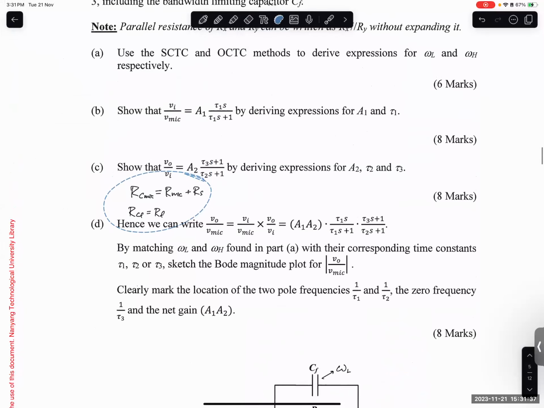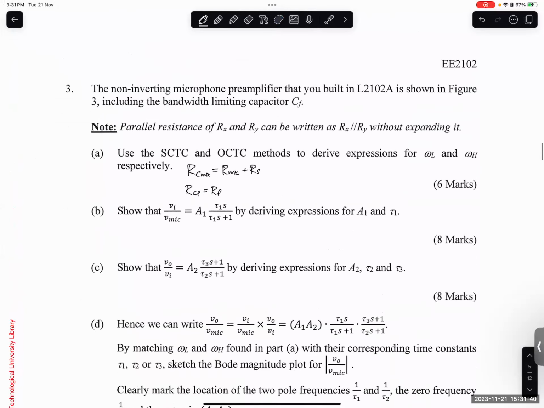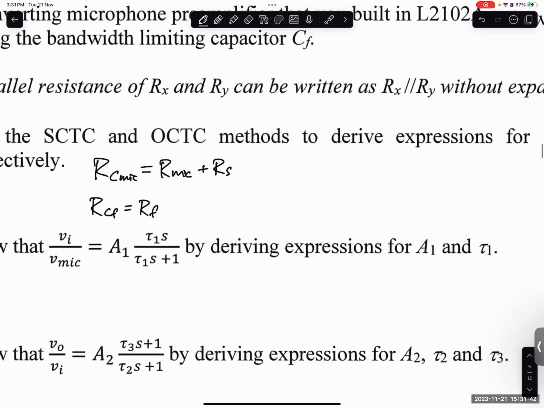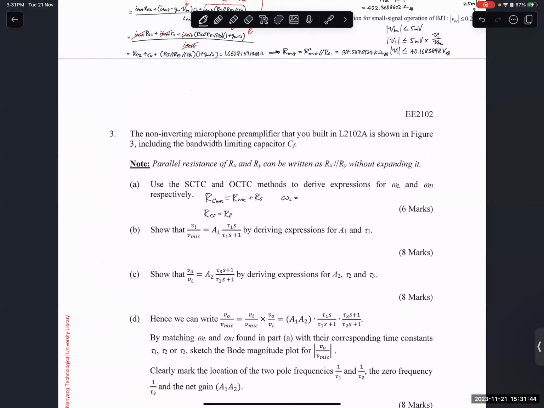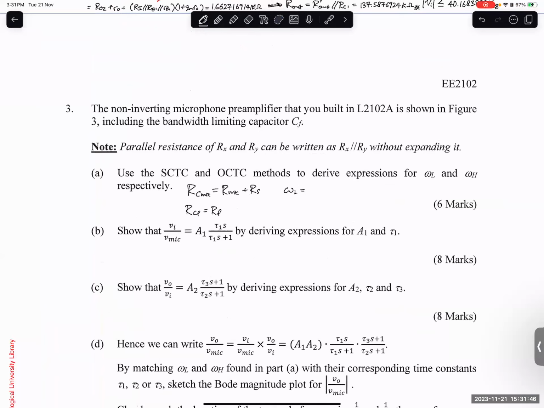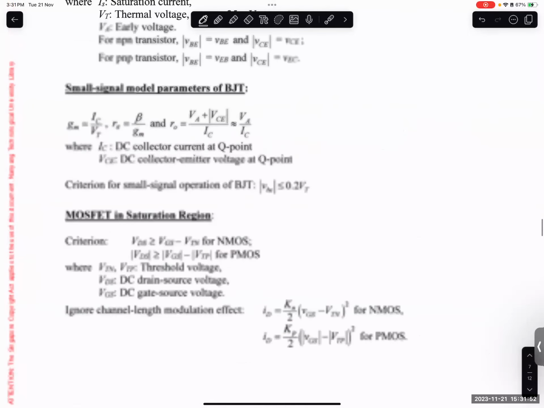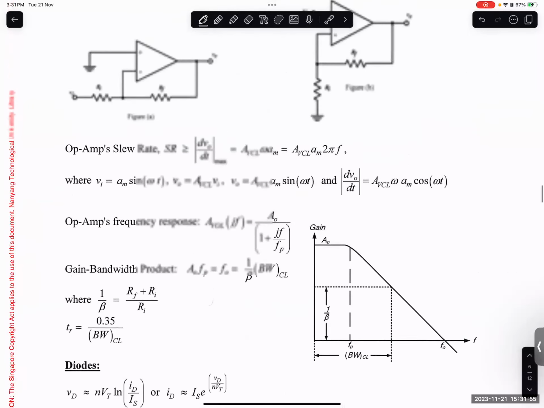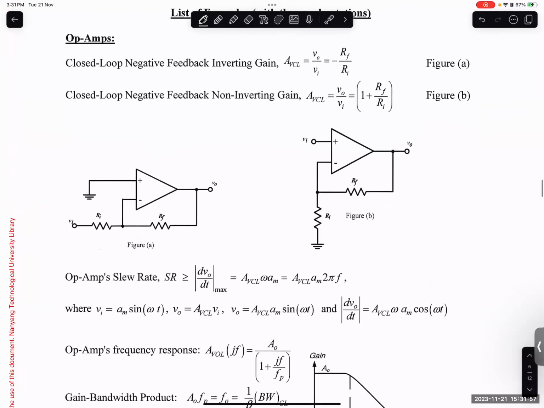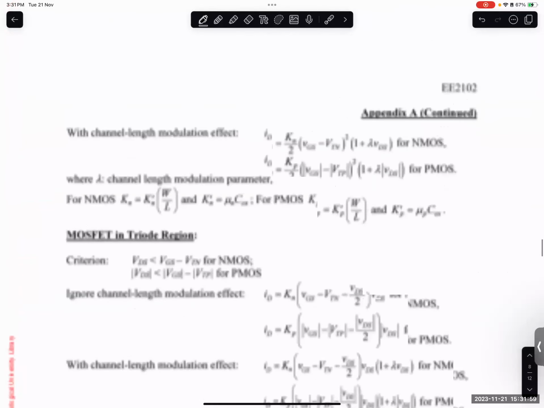Omega L equals what? Is it the sum or just adding? I think it should be the sum. So omega L, you add separately, right?